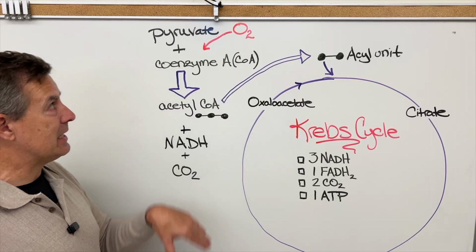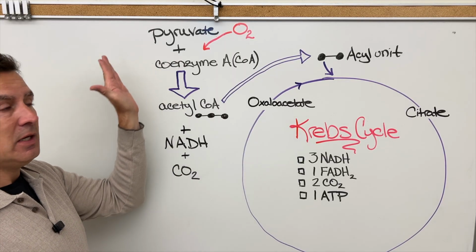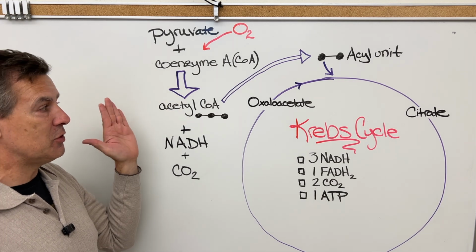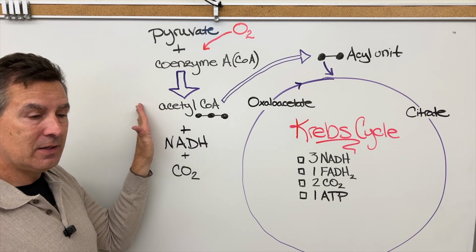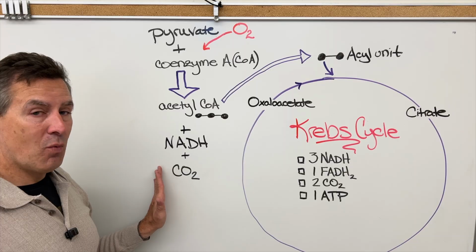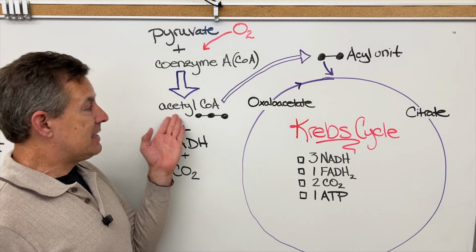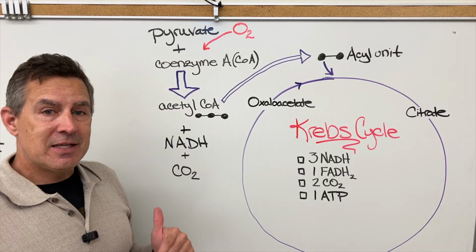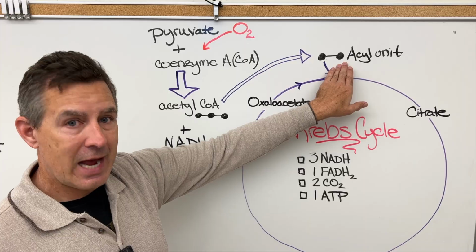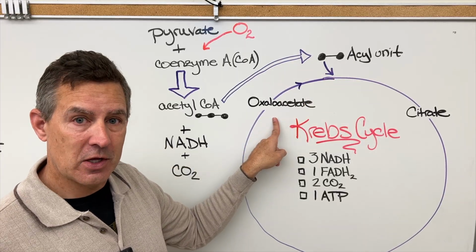So once again, pyruvate in the presence of oxygen will react with coenzyme A to produce acetyl coenzyme A, an NADH molecule, and 1 carbon dioxide molecule. The acetyl coenzyme A is going to be enzymatically broken down into this 2-carbon acyl unit, which will then enter the Krebs cycle and react with oxaloacetate.